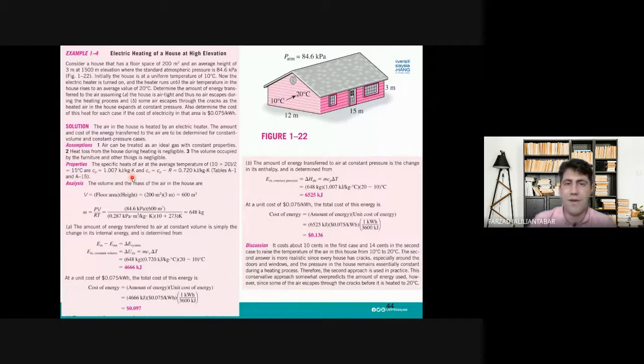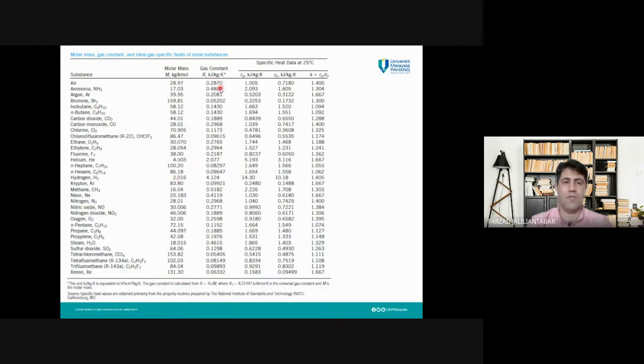And how can we find Cv? We have this equation to calculate Cv, or constant volume specific heat. Cv is equal to Cp minus R. Cp we have here. How about R? R is the gas constant from table A1. If you remember, I showed you before.